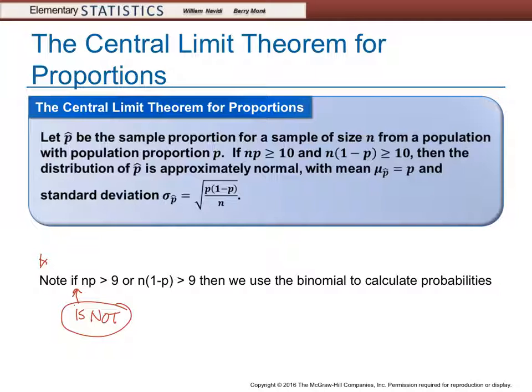So in other words, if np is less than 10 or n times 1 minus p is less than 10, we use the binomial distribution to calculate probabilities.